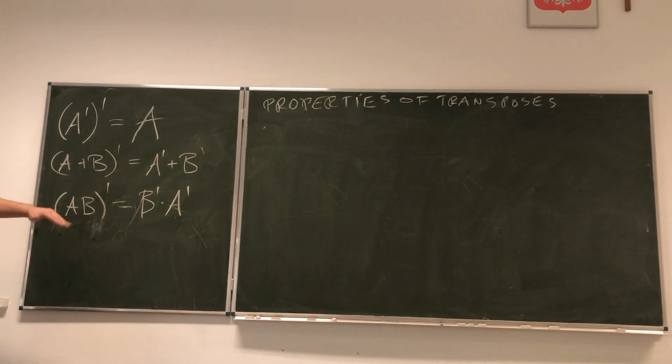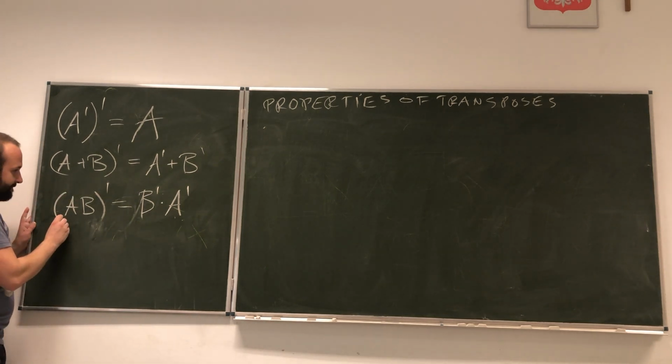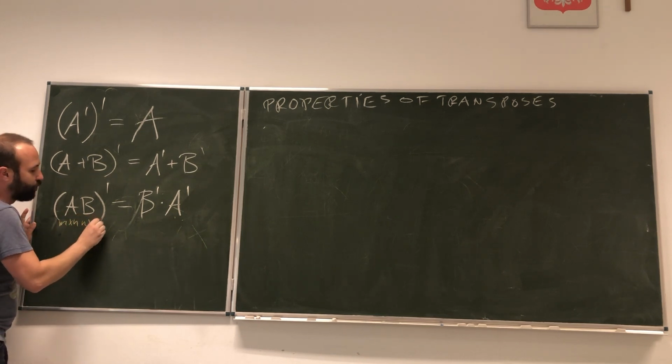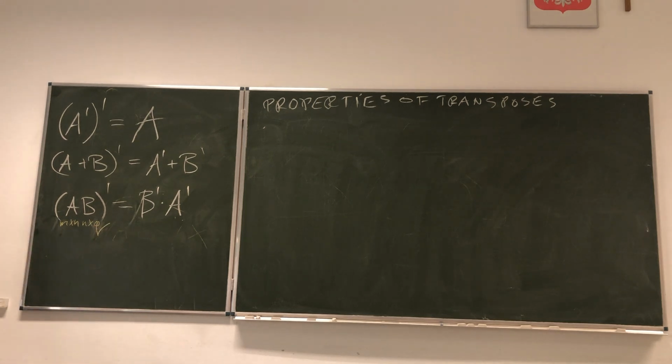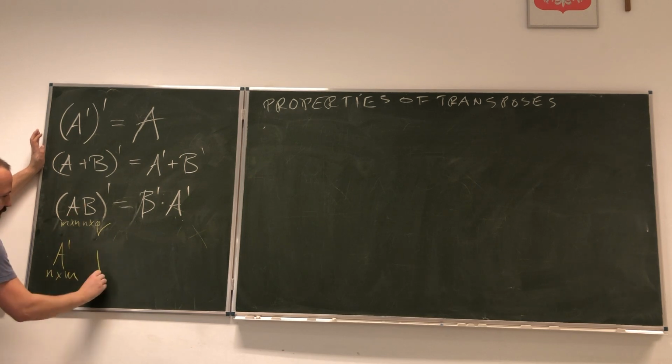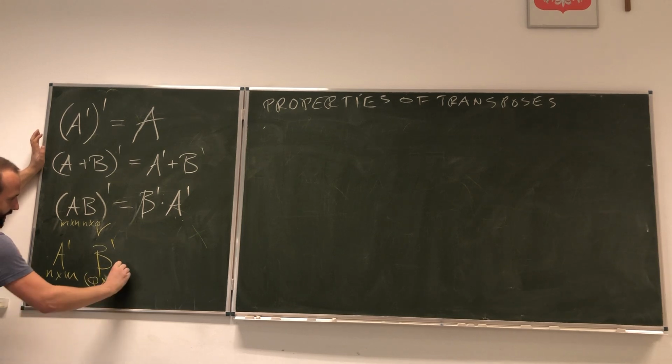If this matrix is m by n and this matrix is n by q, then A transpose will be n by m, while B transpose is going to be q by n.